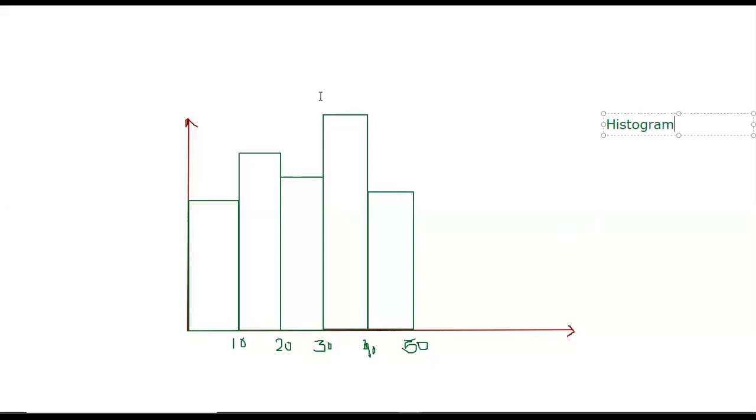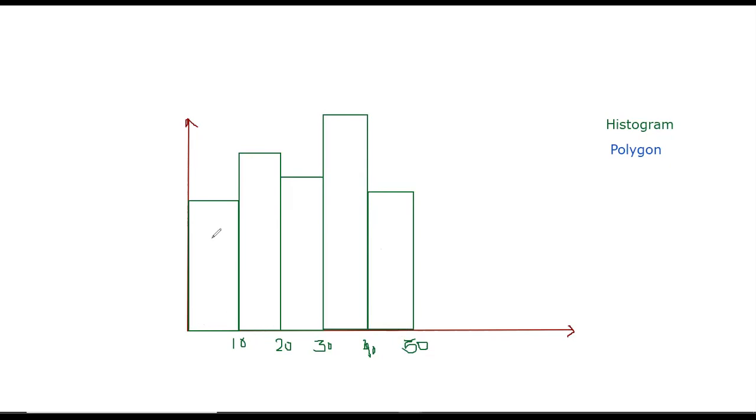Fine. And now we'll be making the polygon, with the blue color. So everybody please pay attention to how the polygon is going to be made. For every rectangle on the top of the histogram you will be marking the midpoints.